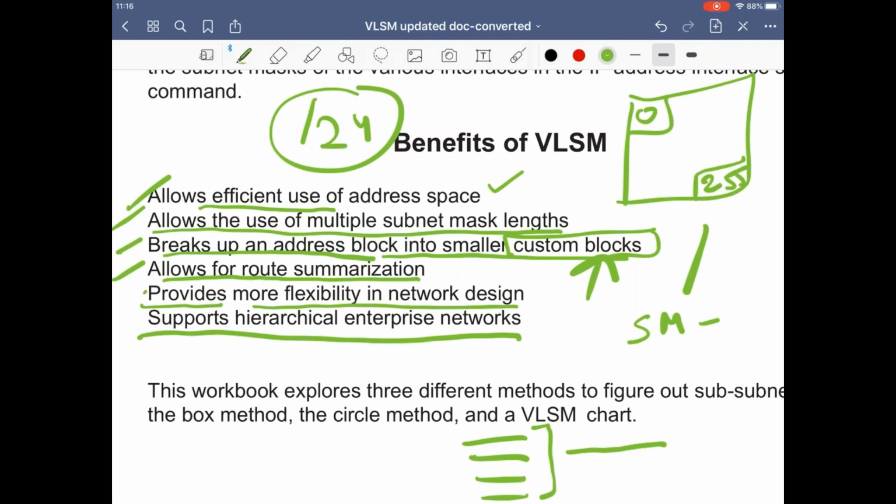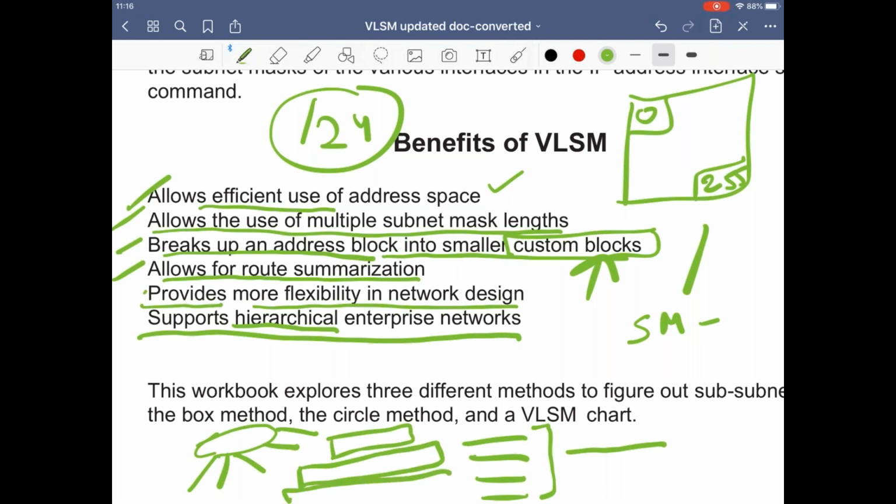Hierarchical enterprise network means a way of designing a network with a top layer, then again another layer below, and so on. Hierarchical means step by step.